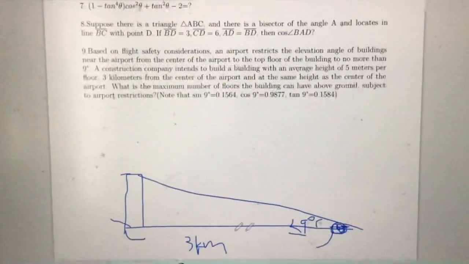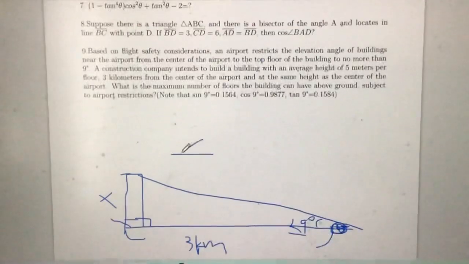And also we can find out there is a triangle here, right? So we can just find the proportion of this one and this one.